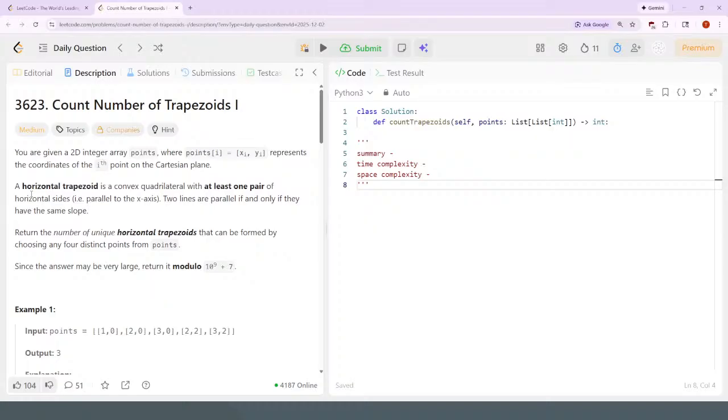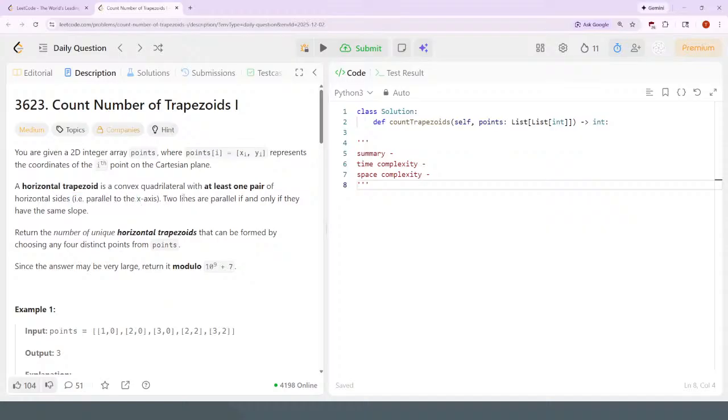We're given a 2D integer array points where points[i] is a coordinate [xi, yi] in the Cartesian plane. A horizontal trapezoid is a convex quadrilateral with at least one pair of horizontal sides parallel to the x-axis, i.e. parallel.